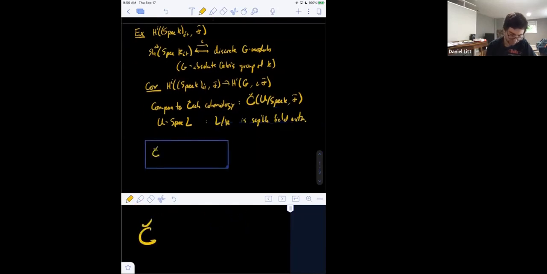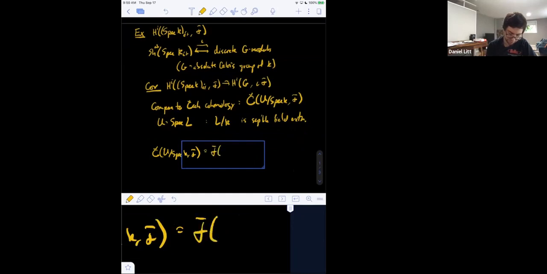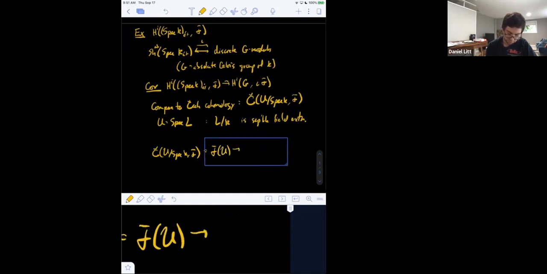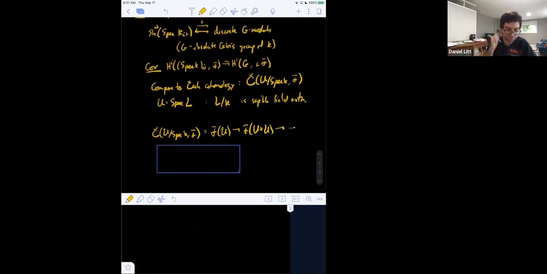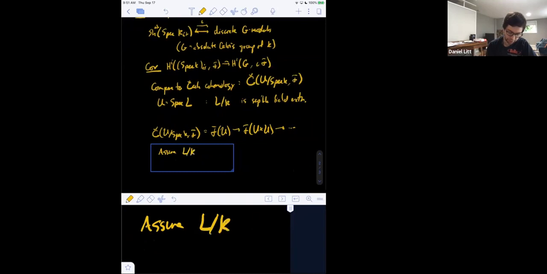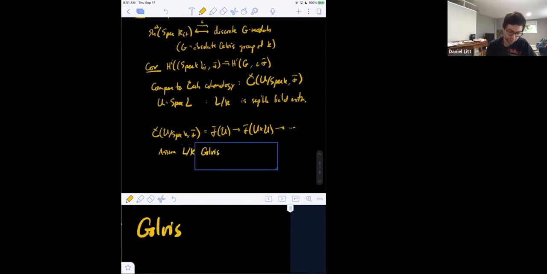This Čech complex is just F(U), so F(Spec L), to F(U × U), and so on and so forth. Now let's assume that U is Galois, so L over K is Galois with group G(L/K).